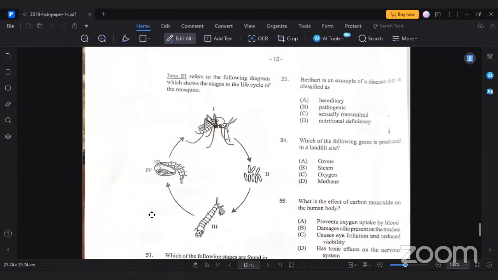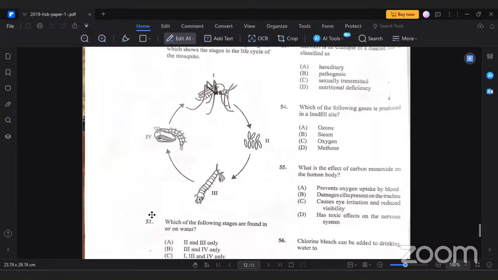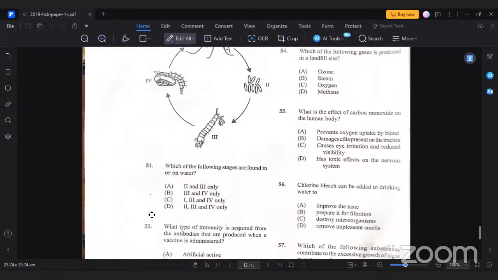Now we move on to 51. It refers to the following diagram, which shows the stages in the life cycle of our friend, or not so friend, the mosquito.